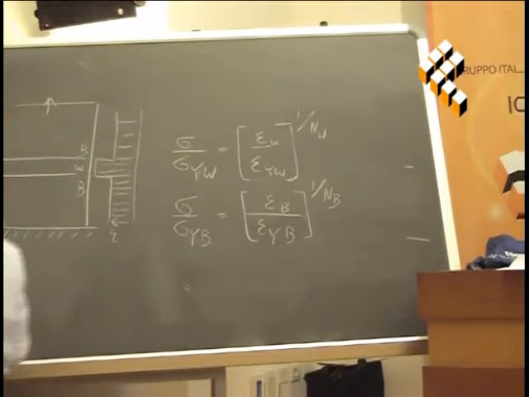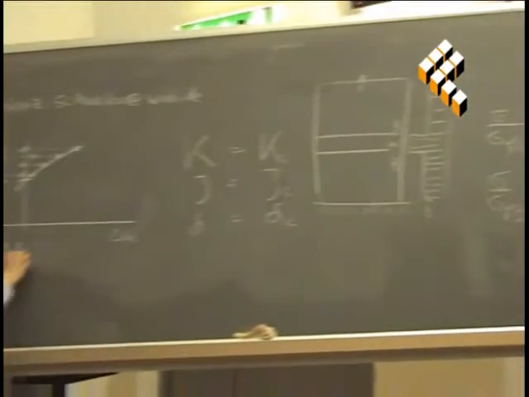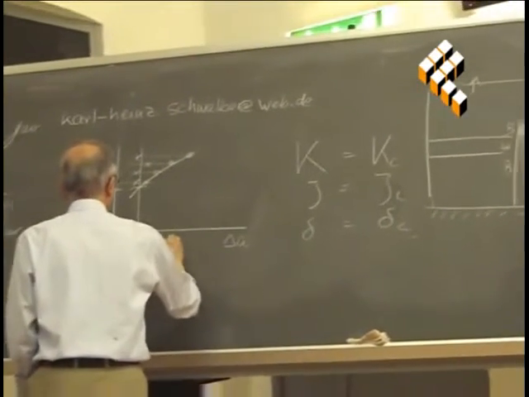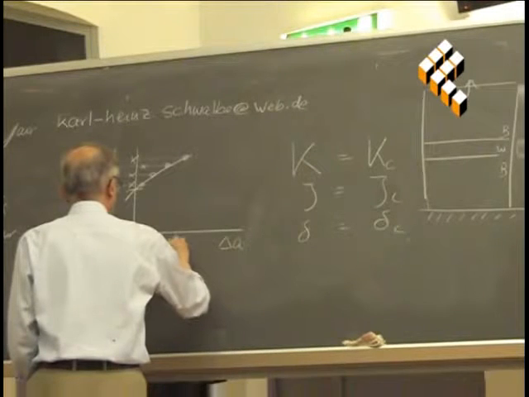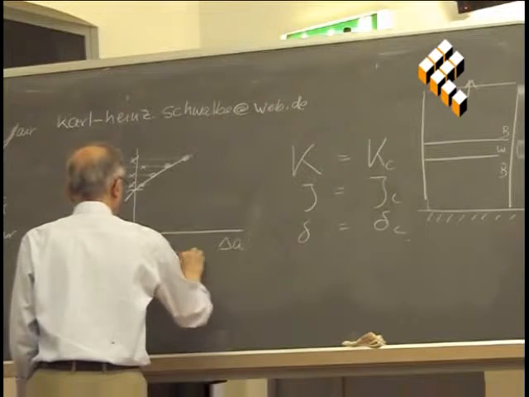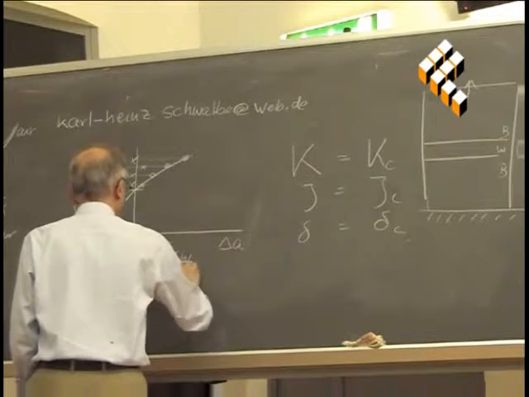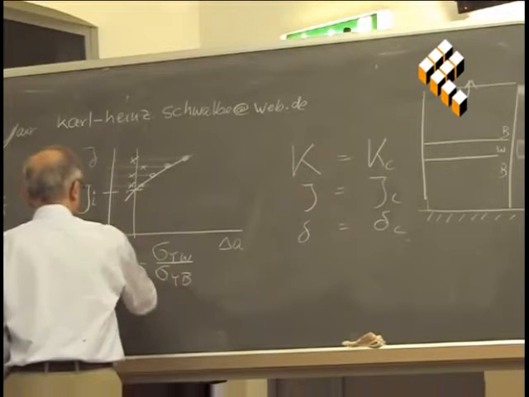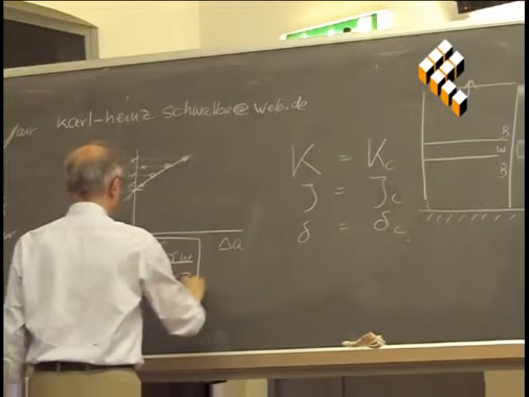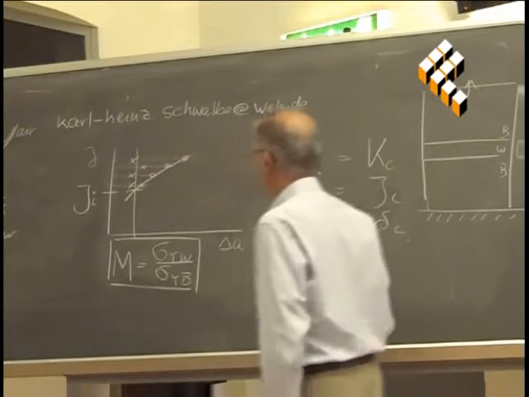And now we define a mismatch factor, capital M. M is the yield strength of the weld metal divided by the yield strength of the base plate. This is the mismatch factor.